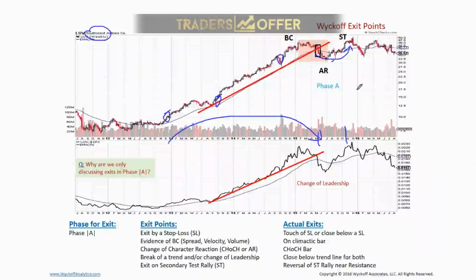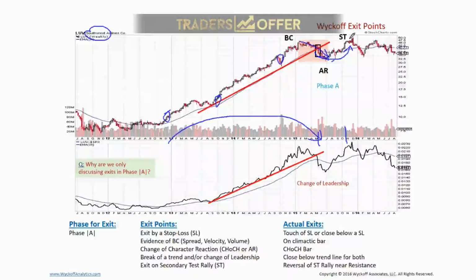But for us who are swing traders, that's going to amount to a lot of inefficiencies in our swing trading. So therefore, it might be appropriate on a smaller time frame where you have a trading range starting to develop, this change of character, and then you want to exit on the secondary test.